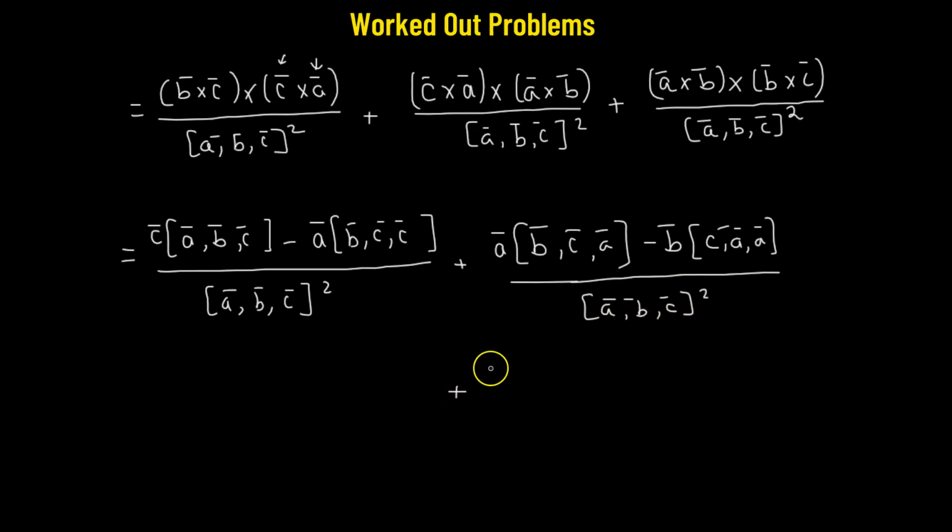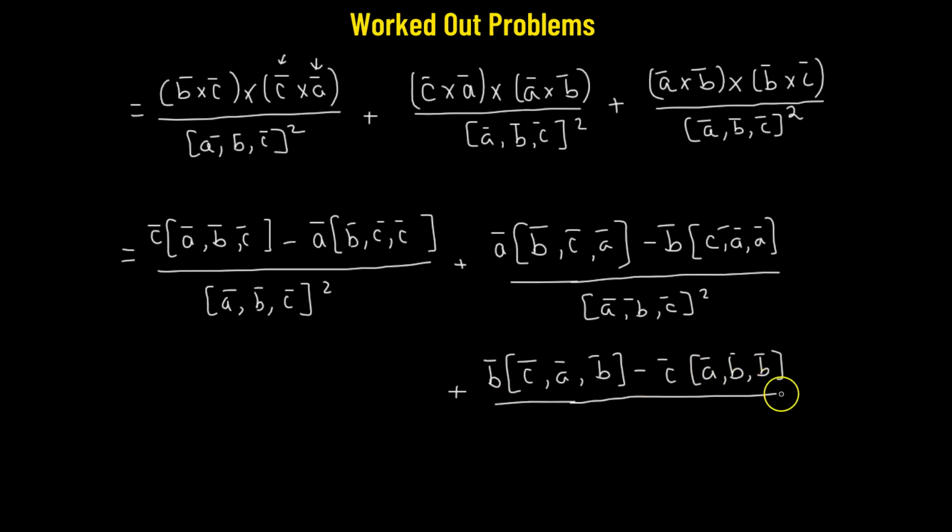In the third term we have vector B multiplied to the scalar triple product of [C, A, B], minus C vector multiplied to [A, B, B], whole thing divided by [A, B, C] squared.